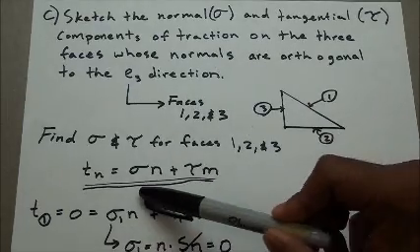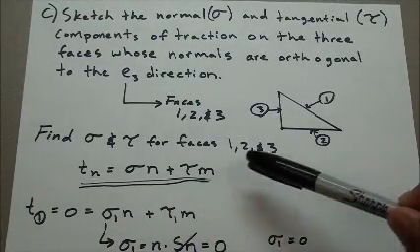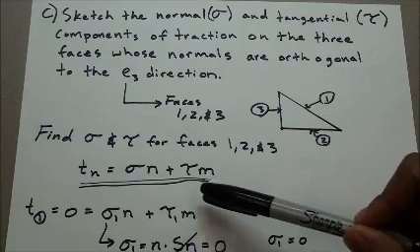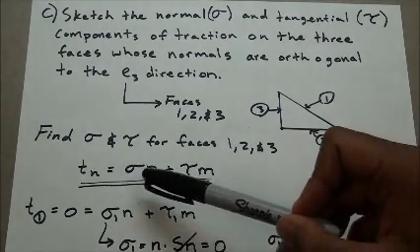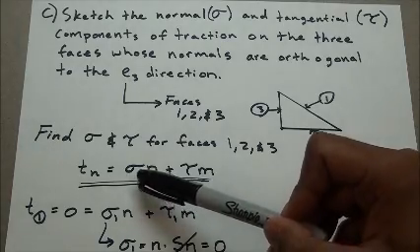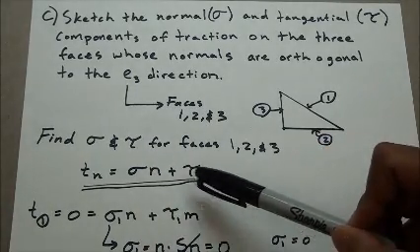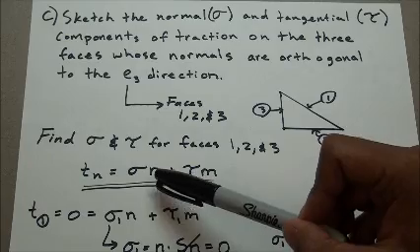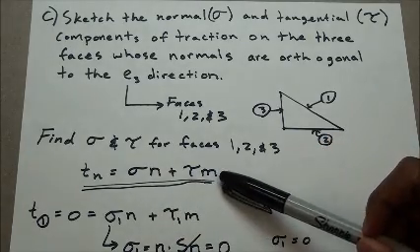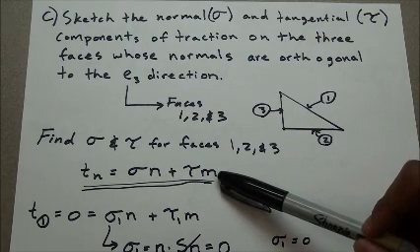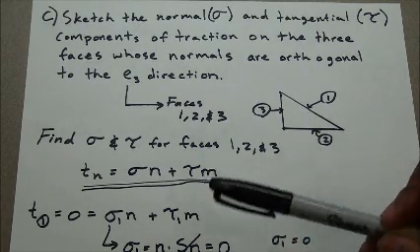We used this equation to find the components of the traction, which were the normal and shear components. The n vector is the normal vector, and the m vector is the unit vector in the plane of the surface.